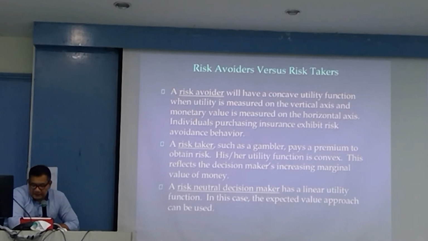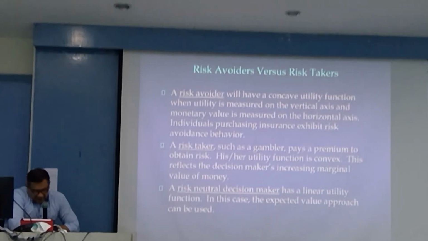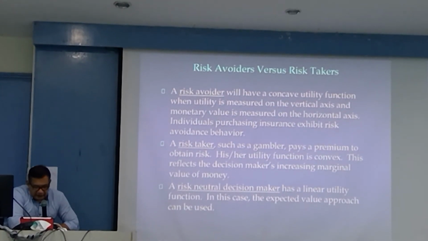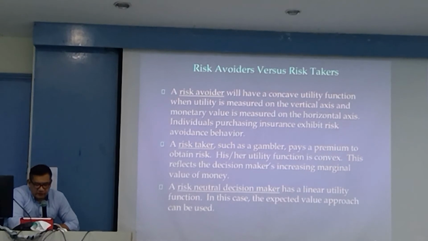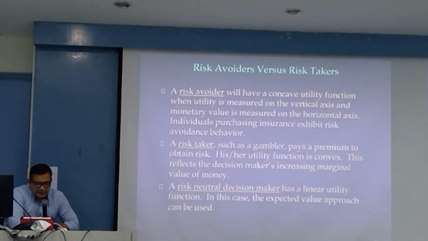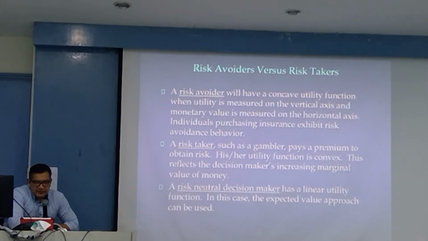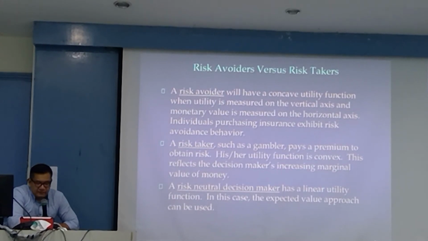Next, before we go to another example, again, as I mentioned, normally we have three types of users of the concept of utilities: risk avoider or risk averse, right? Risk taker or risk seeker, or maybe you can call it risk lover, the one that loves risk, loves the payoff.